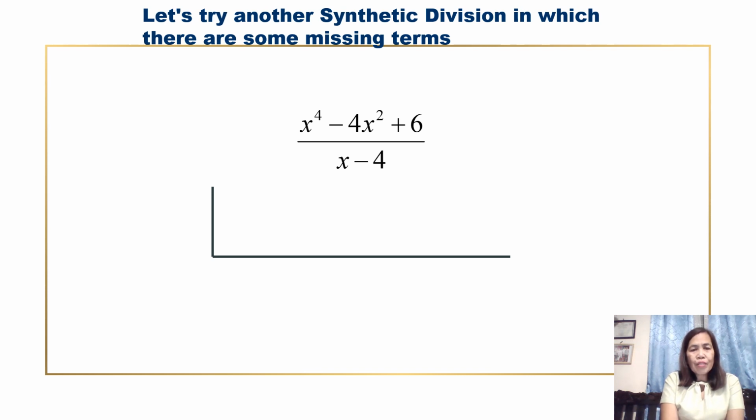There is a missing term. There is no x to the third power. Also, there is no x to the first power. So actually, the dividend does not involve only 3 terms. It shall be 5.